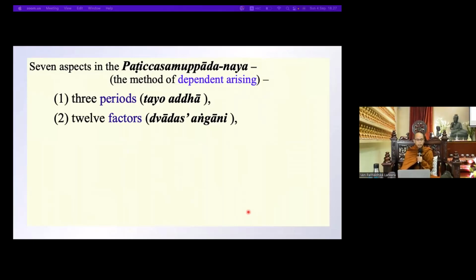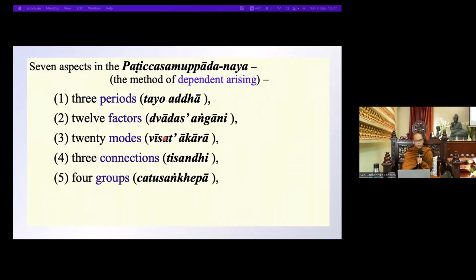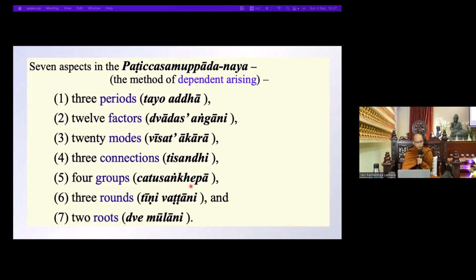Here we will study 3 periods, called Teyo Atta; 12 factors, Dwara Sangani, which we already know; 20 modes, Visatakara; 3 connections, Tisandi; 4 groups, Chatusankhepa; 3 rounds, Tini Watani, the rounds of rebirth; and Dwe Mulani, 2 roots, the roots of the round of rebirth, the root of samsara.